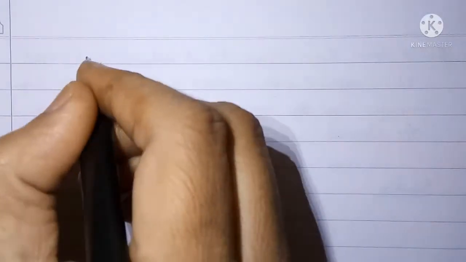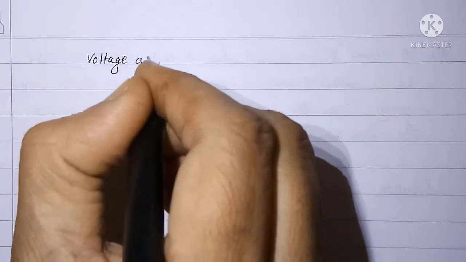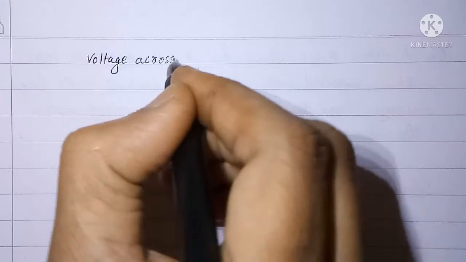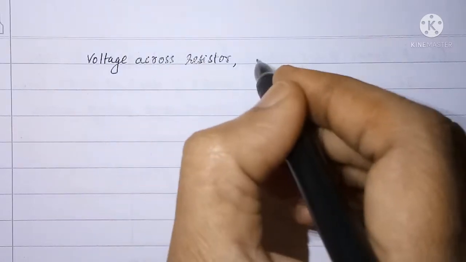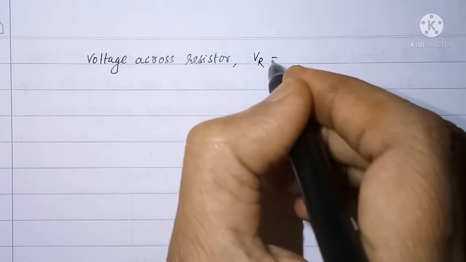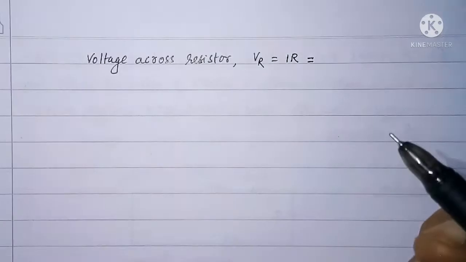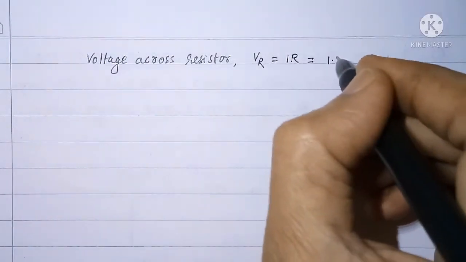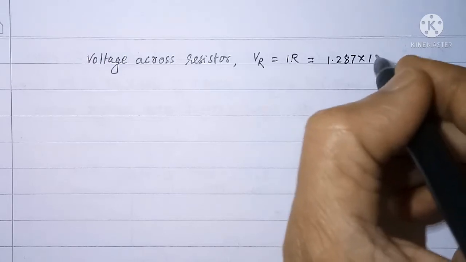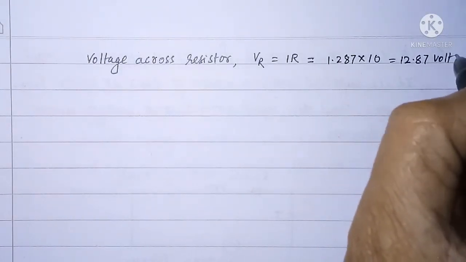Next, we will calculate voltage across all the elements. Voltage across resistor, that is VR equal to I into R, that is equal to 1.287 into 10, that is 12.87 volts.